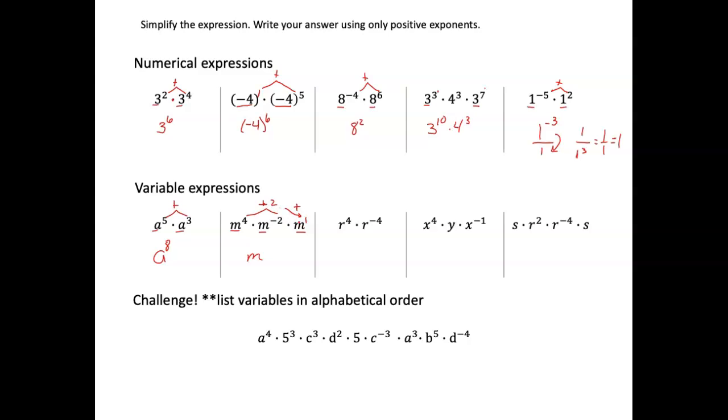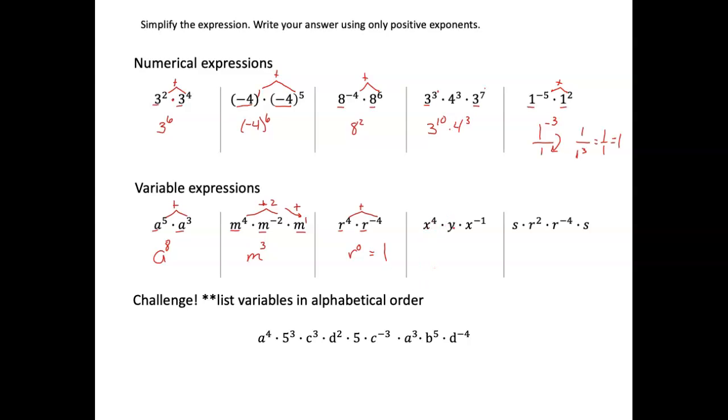Plus 1. So positive 2 plus 1, that's 3. Common bases in the r's. 4 plus negative 4. R to the 0. Oh, 0 power. Remember? Anything to the 0 power? Just 1.